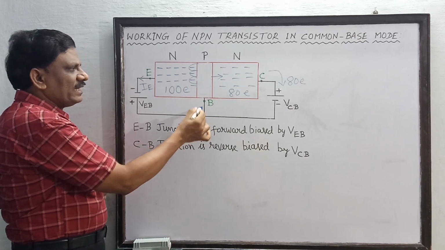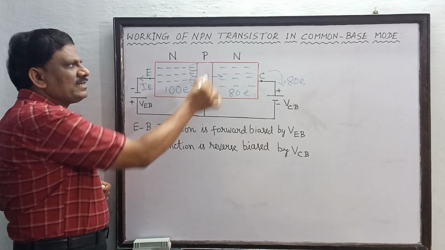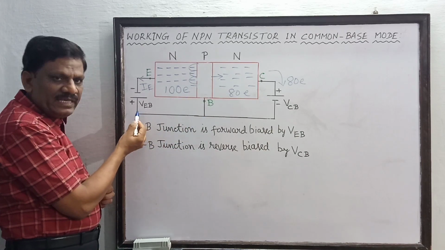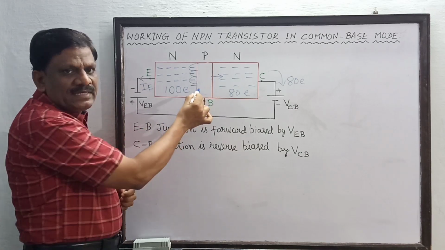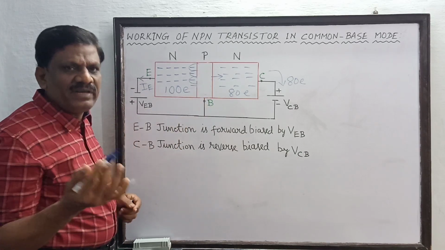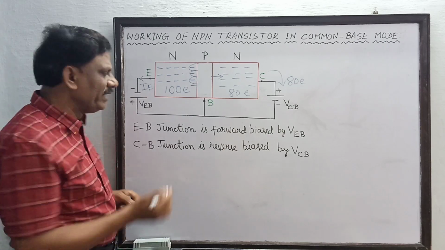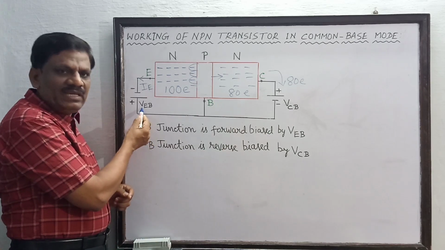As a result, what will happen? The 20 holes which are missing in the base region will be supplied by the positive potential of VEB. So 20 holes are missing because of recombination with the 20 electrons. This loss of 20 holes will be supplied by the positive potential of VEB.